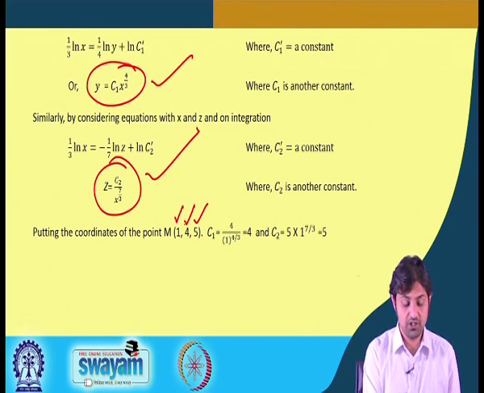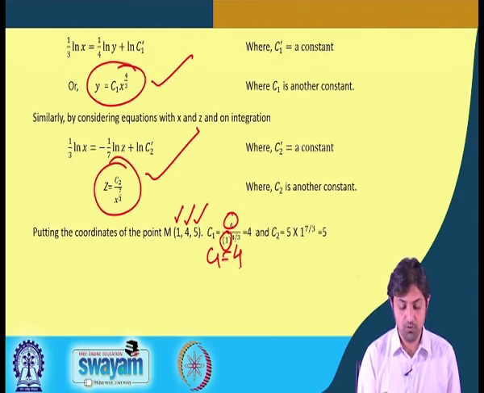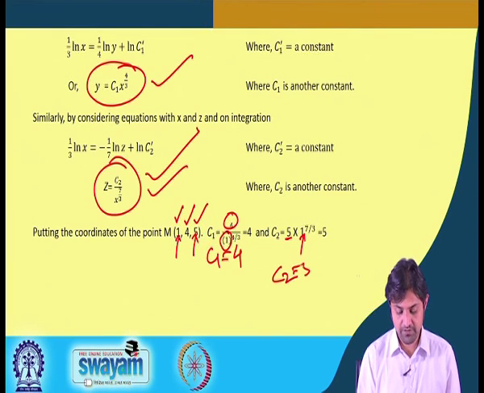On substituting into the y equation, we can get c1, because y is 4 and x is 1. In this way we get c1 is equal to 4. Similarly, using 1, 4, 5 in the z equation, c2 can be written as z multiplied by x to the power 7 by 3. Z is 5 and x is 1 again, and this gives c2 as 5.